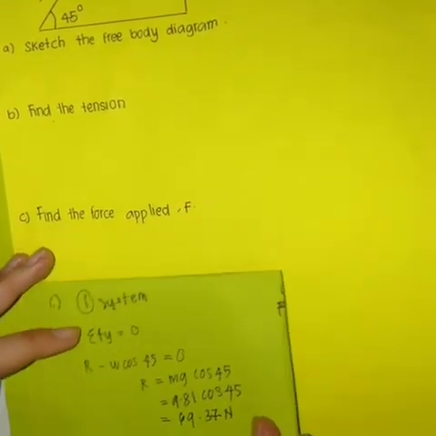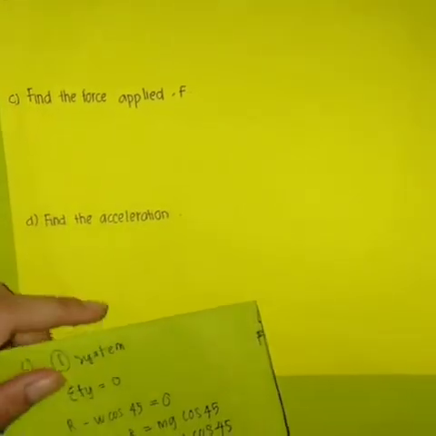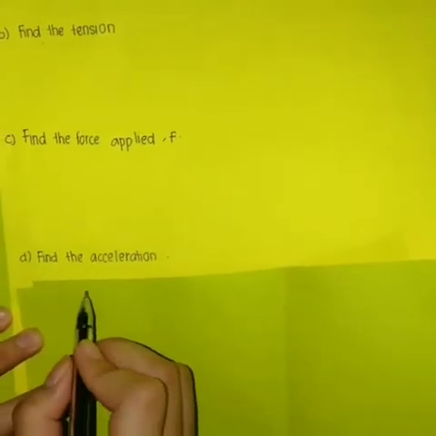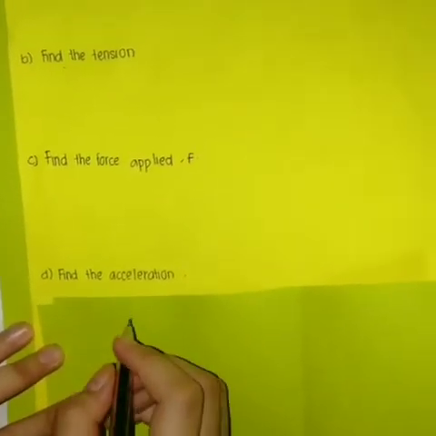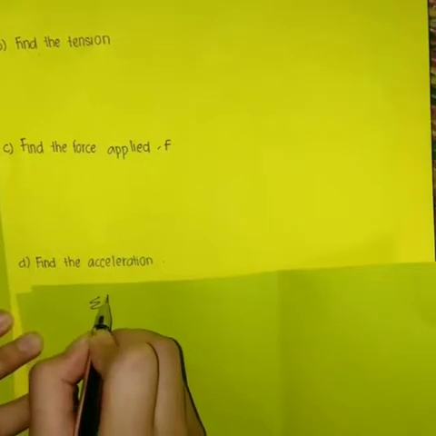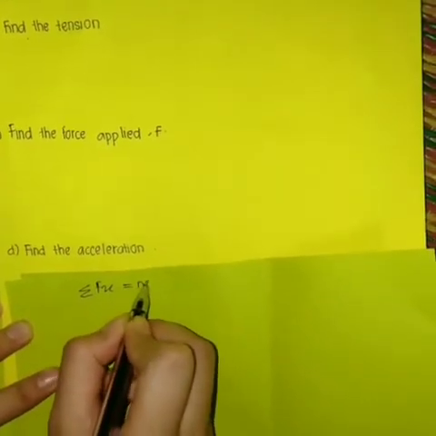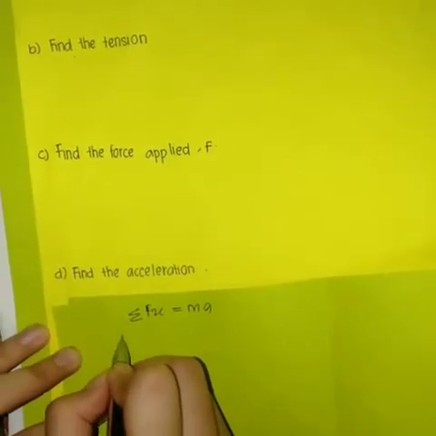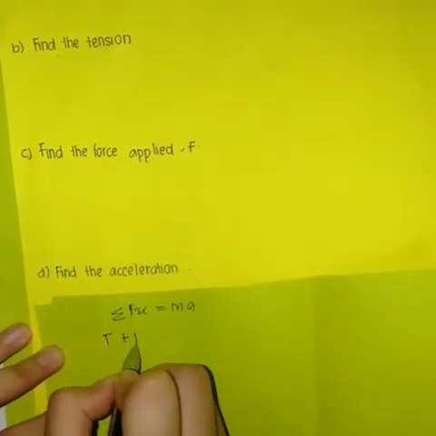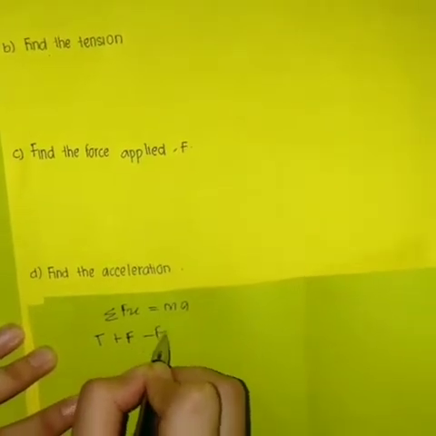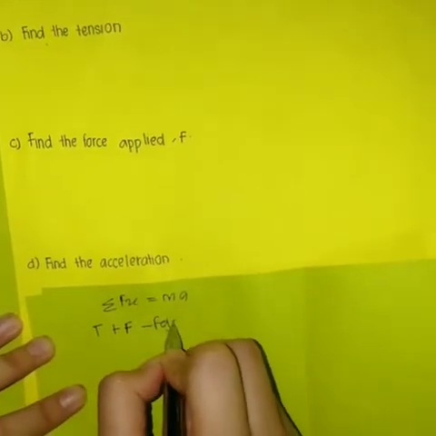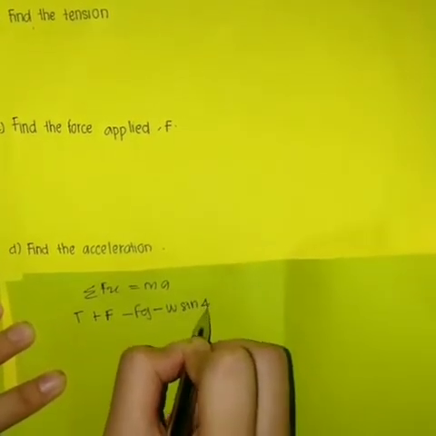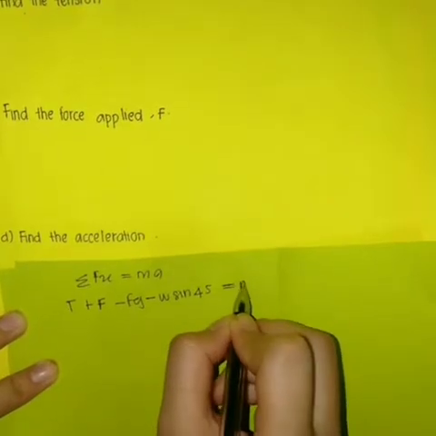Okay. For the D, we need to find acceleration. So we use sum Fx equal to ma. So Fx, we get T minus F plus F minus Fg minus W sin 45 degree equal to ma.